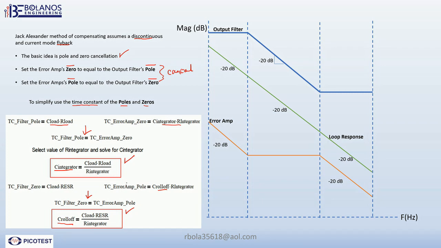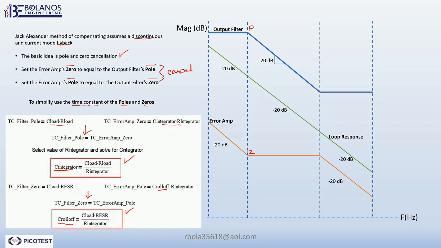So what does this do, basically? This is what we're doing graphically. Here is the output filter. We have a pole. If we use the same time constant, then the zero will be lined up at the same frequency, so we'll set a zero here.